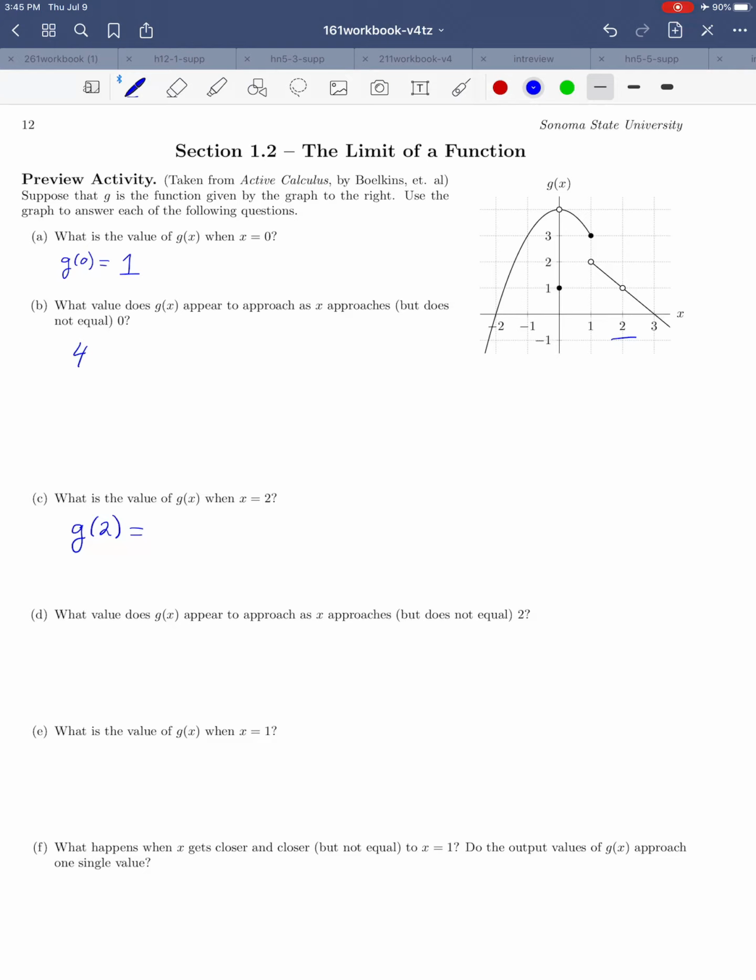And our graph has a hole. We don't have an output value for input value 2 because, again, the open dot means that value has been taken away from the graph. So g of 2, we can't find an answer. The best we can say is it does not exist.